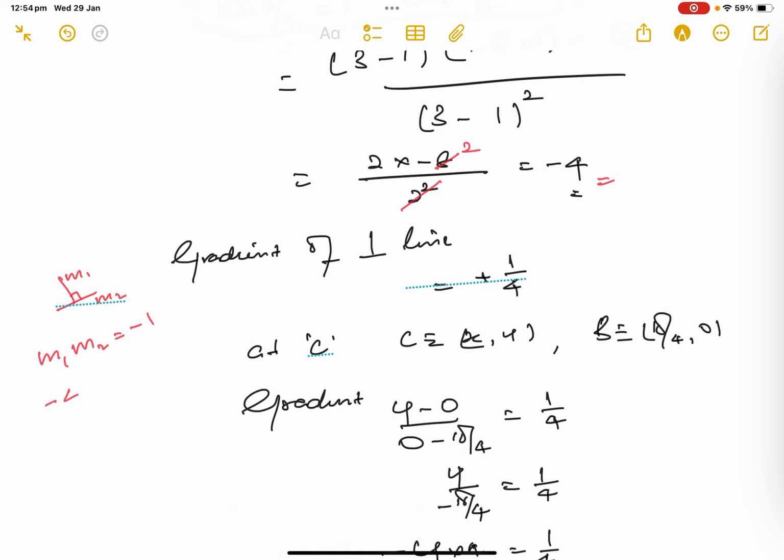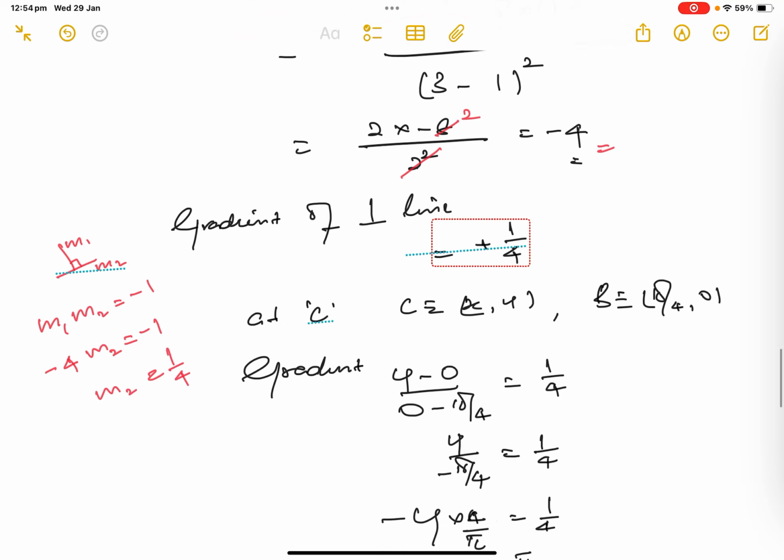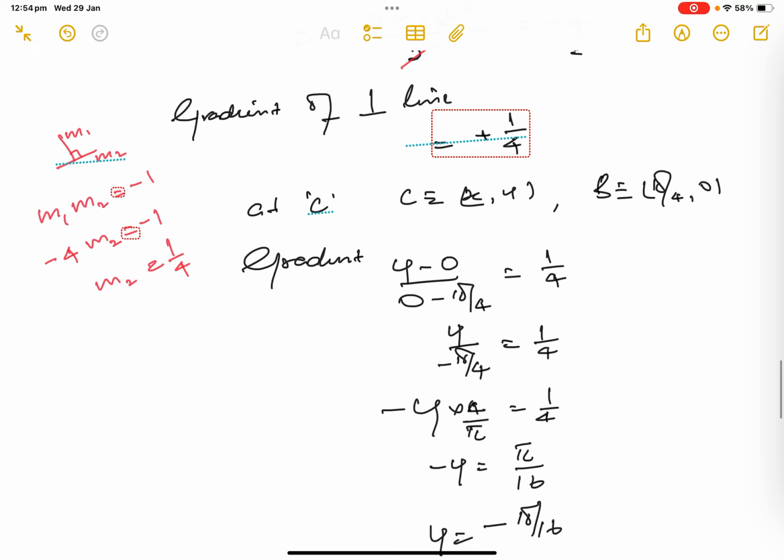M1 is minus 4, which we found for the tangent. M2 is the gradient of the perpendicular line, which we need to find. So M2 is a quarter. So the gradient of that perpendicular line is a quarter.